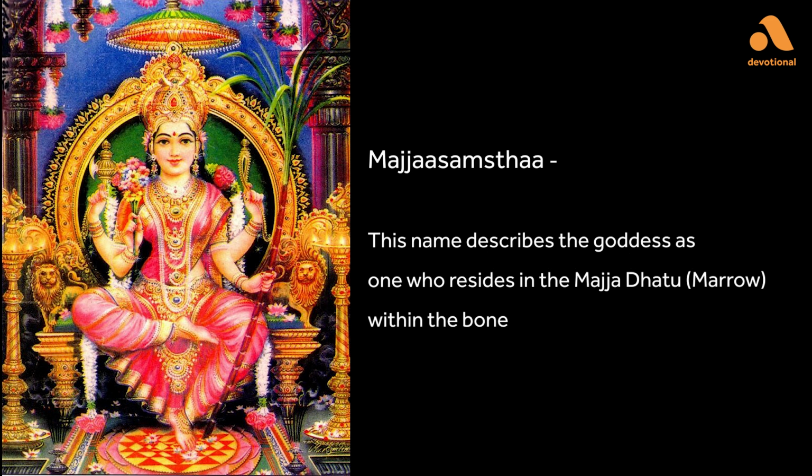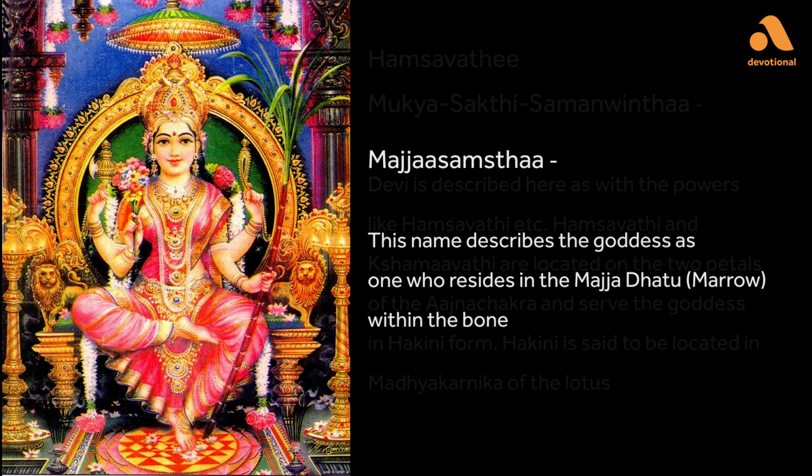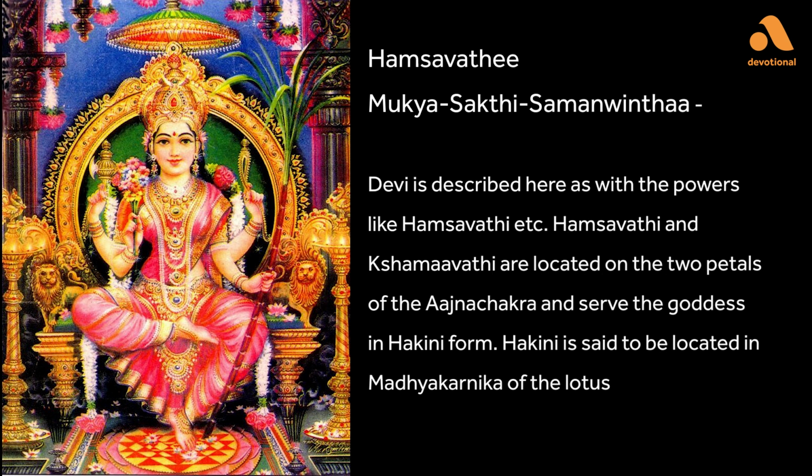108th verse. Majja Samstha. This name describes the goddess as one who resides in the Majja Dhatu, that is marrow, within the bone. Hamsavati Mukhya Shakti Samanyuta. Devi is described here as with the powers of Hamsavati, etc. Hamsavati and Kshamavati are located on the two petals of the Ajna Chakra and serve the goddess in Hakini form. Hakini is said to be located in the Madhyakarnika of the lotus.